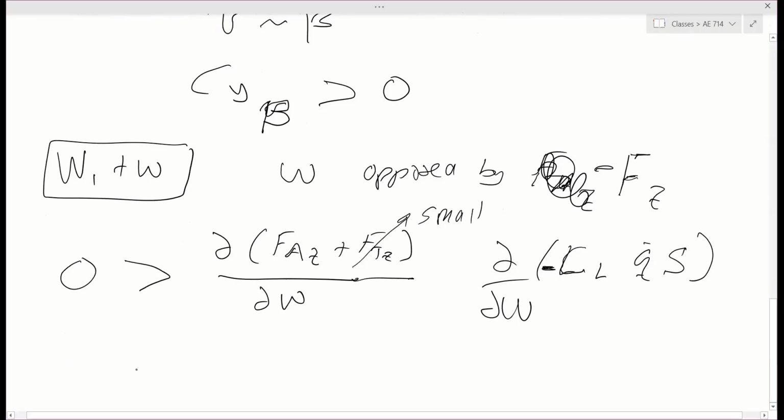And that gives us our stability criteria: C_L subscript W has to be greater than 0, but W is directly related to alpha. And so this says C_L alpha has to be greater than 0.